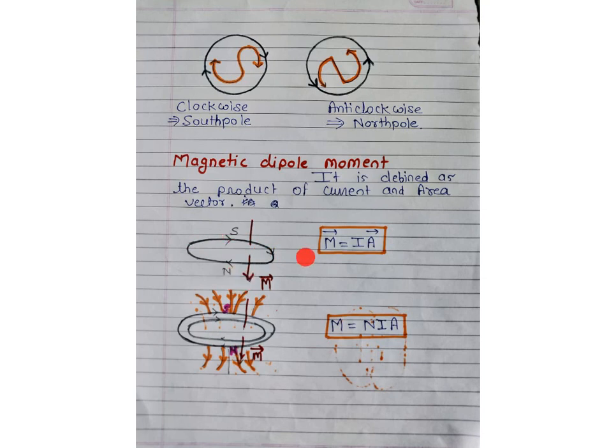Then it gives us a current, and this is the area vector. If we consider a number of coils, then the magnetic dipole moment M is equal to N I A, where N is the number of coil turns, I is the current, and A is the area vector.